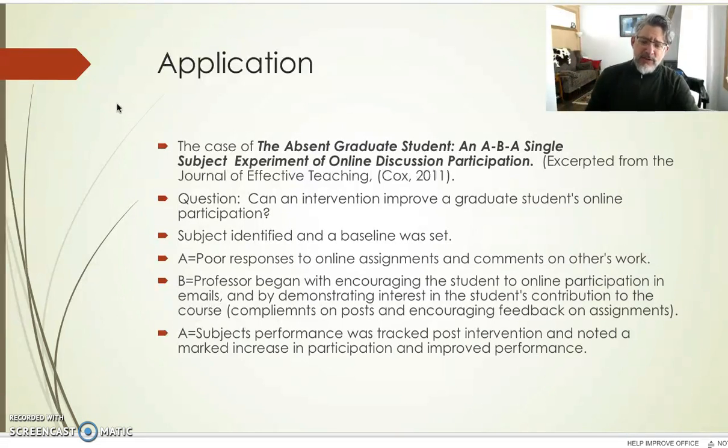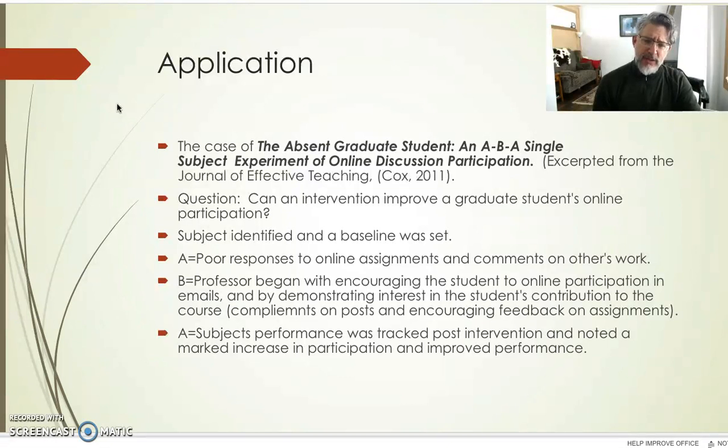They identified a subject within the graduate cohort as having very poor performance in relation to this online class. The subject was identified and a baseline was set. They baselined that subject's behavior and administered a numeric value to that participation, with 0 being non-existent and 5 being very effective participation.